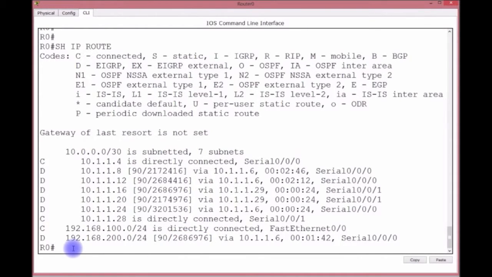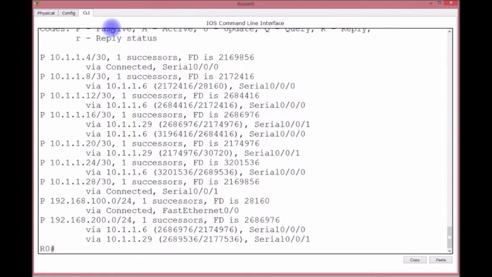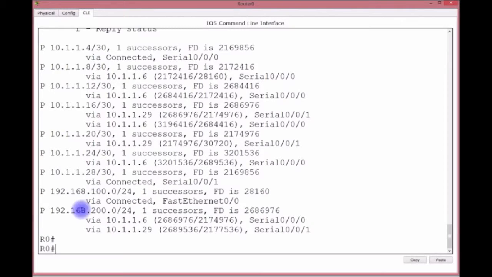So let's take a look at the topology table, which is where our feasible successor exists, our backup route. So show IP EIGRP topology. Okay, and let's take a look at everything. Oh, look how interesting. Here we have two ways of getting to the 200 network. We can go through the 6 or through the 29.